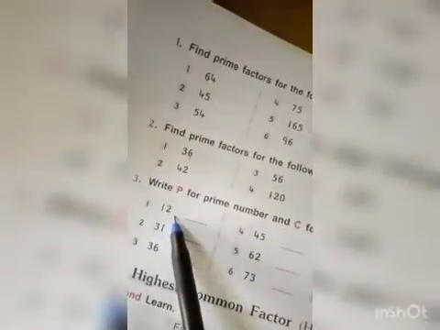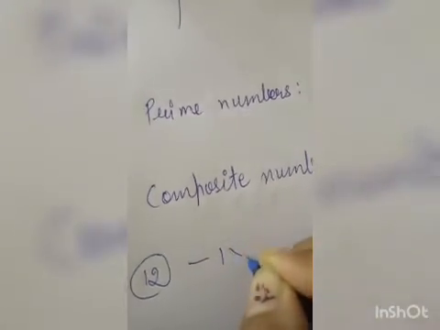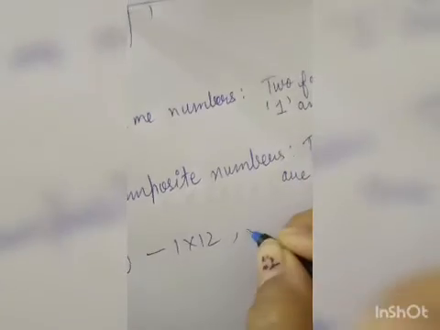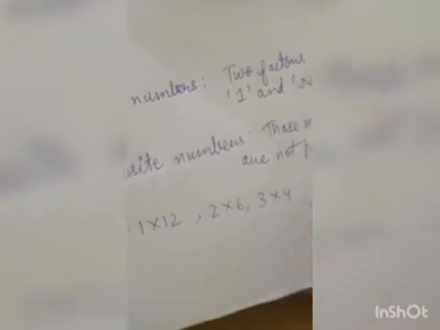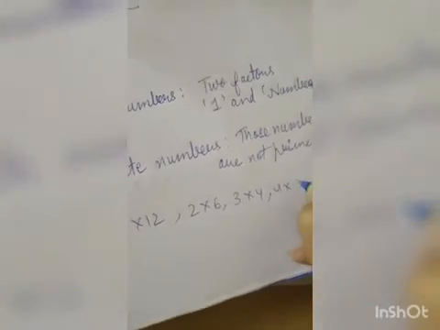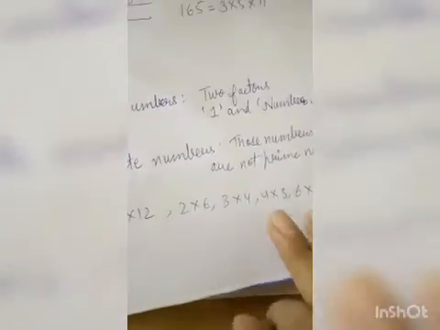First question is given as 12. So how many factors does 12 have? 1 12s are 12, then 2 6s are 12, 3 4s are 12, 4 3s are 12, 6 2s are 12, 12 1s are 12. How many factors are there? You can see this.